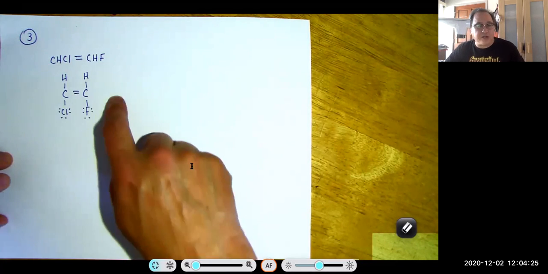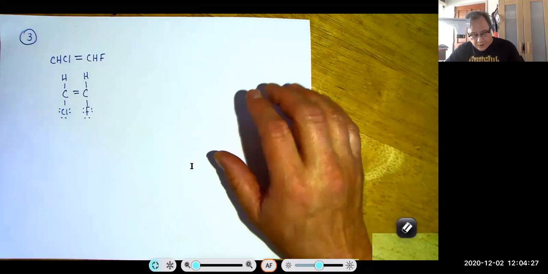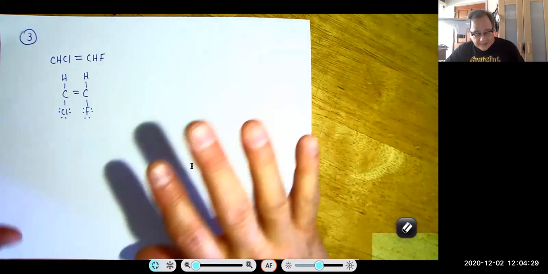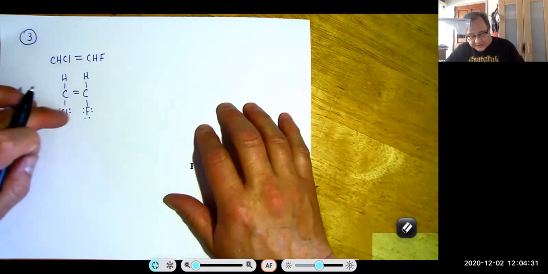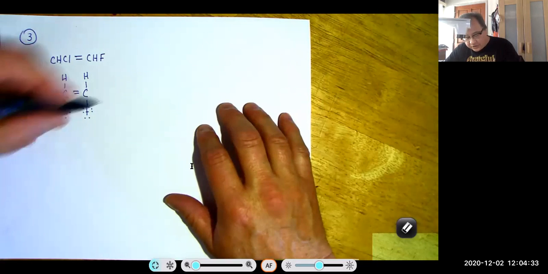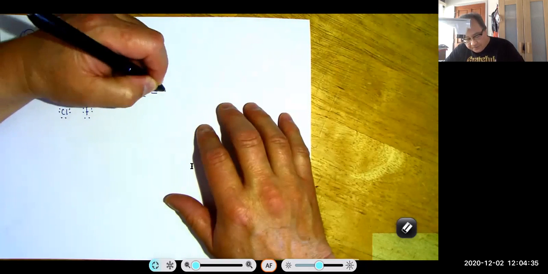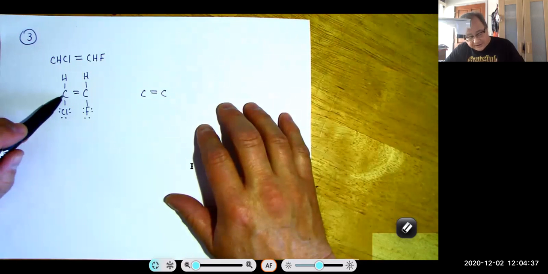Now, let's try to draw the molecular geometry. We know this thing is flat. That means all of these atoms lie in the same plane. So we also know that this is trigonal planar and this is trigonal planar.